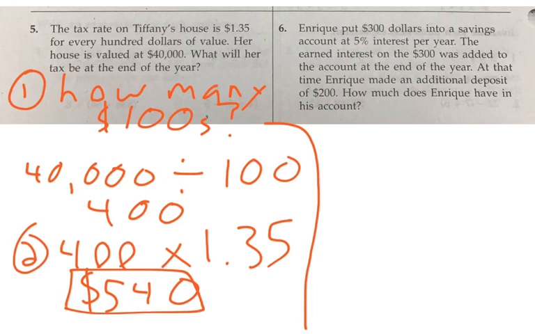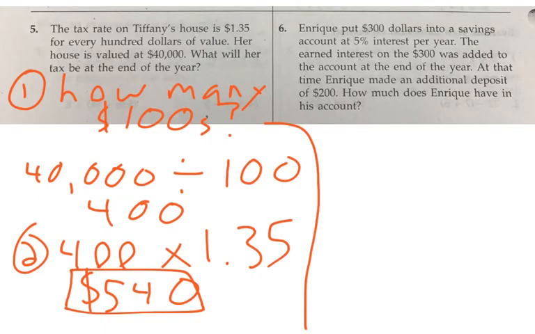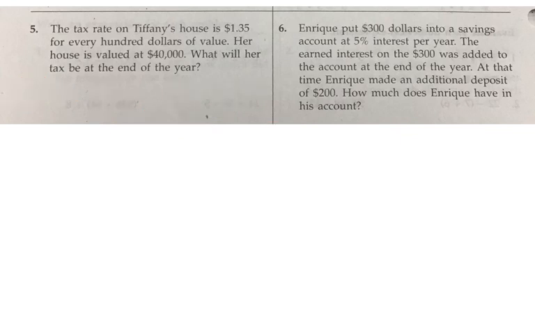So the first thing we have to do on this one, so he starts with 300. And he's getting 5% interest per year. And so that interest was added on at the end of the year, and then he made $200 more.